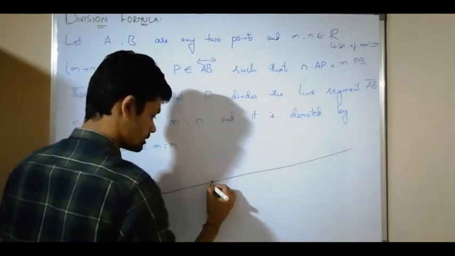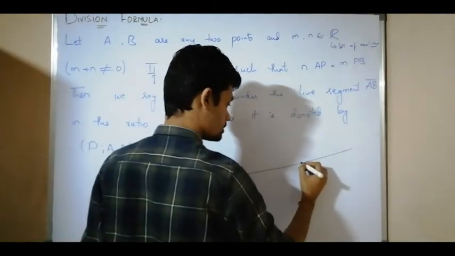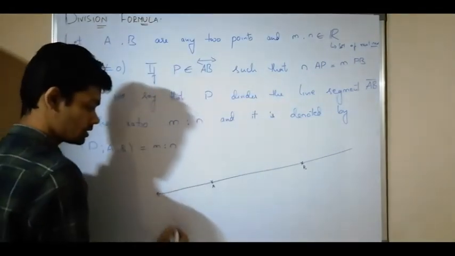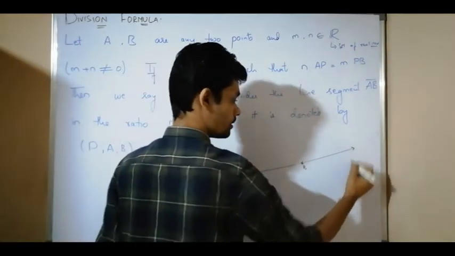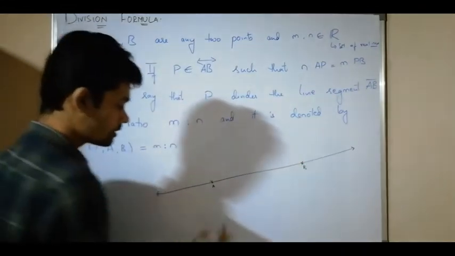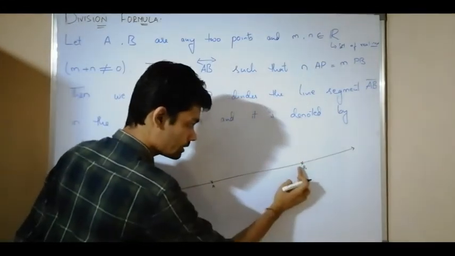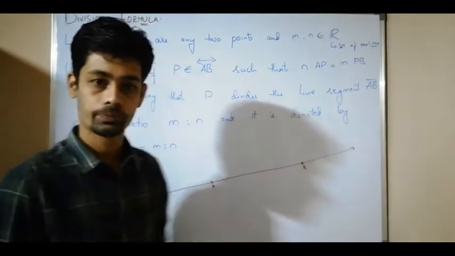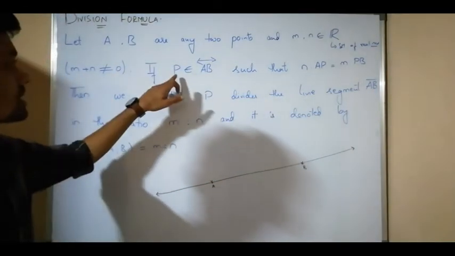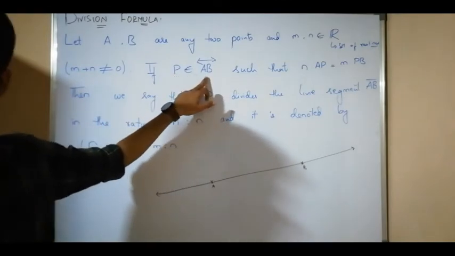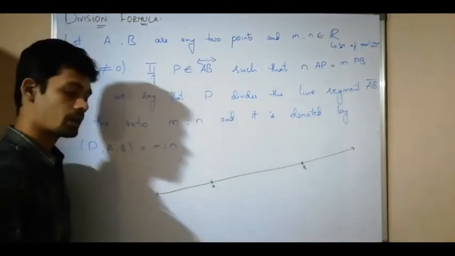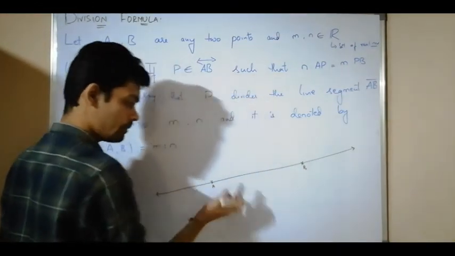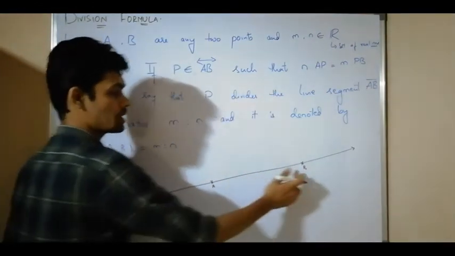Let us take this is A and this is B, a line which passes through A and B. This part from A to B is said to be a line segment. Now let us take P as any point on the line. Now the cases arise: maybe the point lies between A and B, maybe before A, maybe after B.